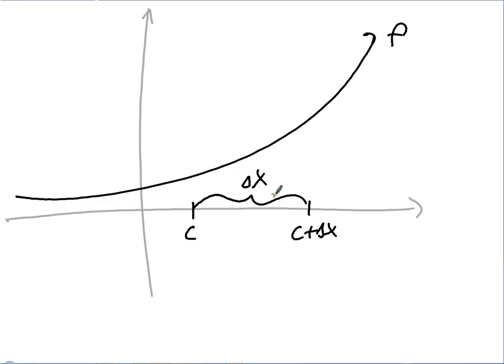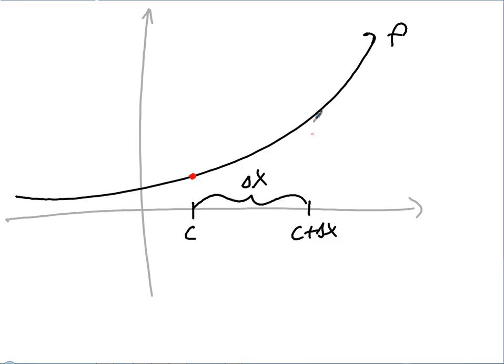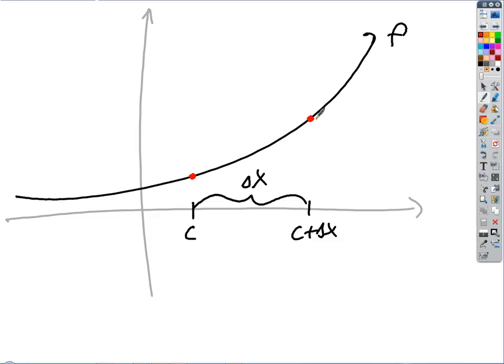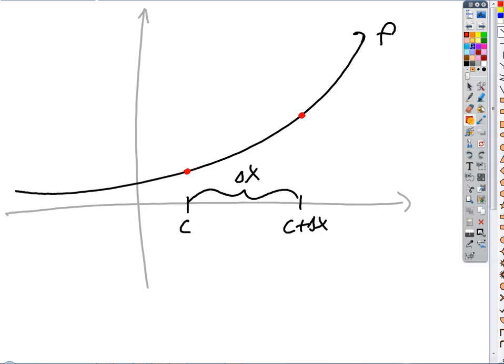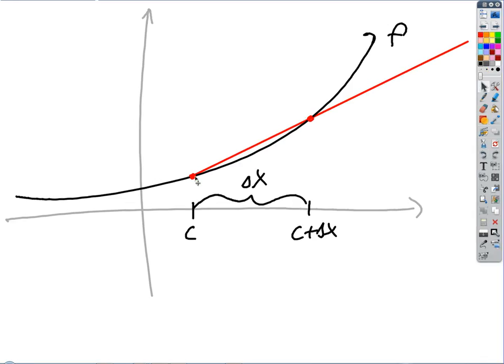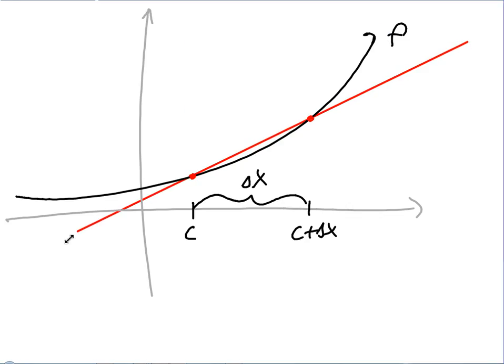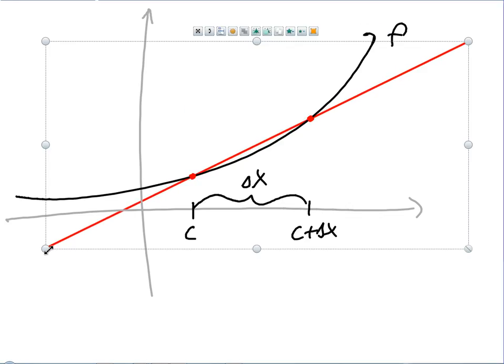Okay. Now if I want to find the slope of the tangent to the curve, all I've got to do is just use what we call the difference quotient. It's rise over run, right? So a tangent line is just a line passing through each of these 2 points. Draw that. Okay, good enough.